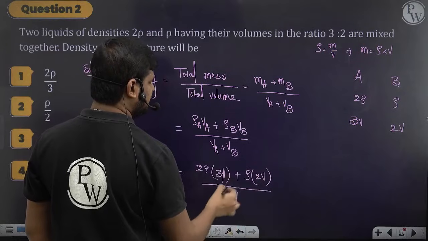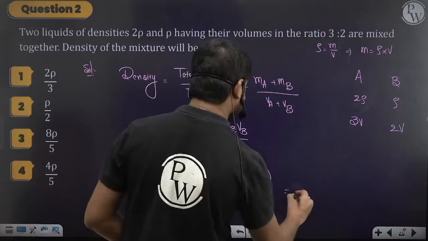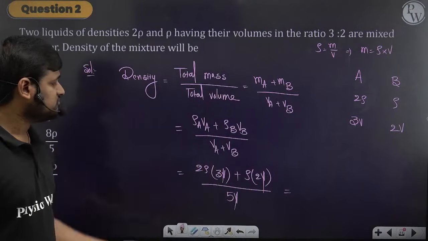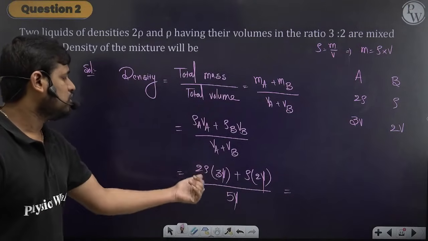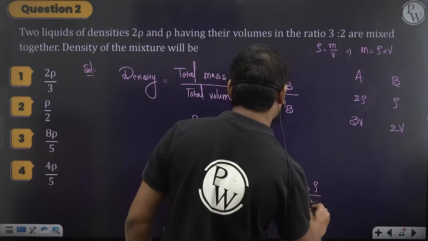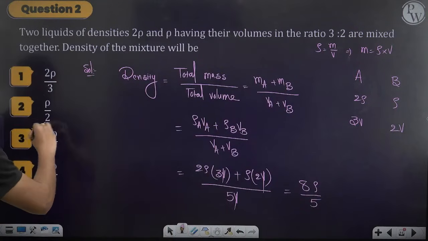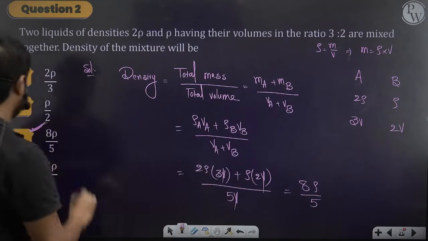So I can cancel V in the numerator and denominator. What's the remaining term? We have 6ρ plus 2ρ, which is 8ρ by 5. So option 3 is the correct one, guys. Done.